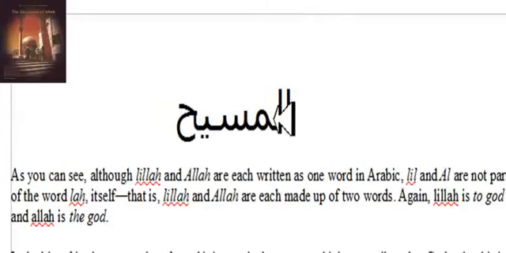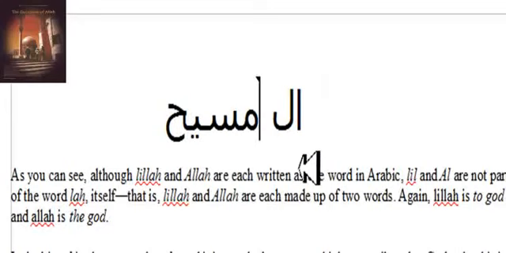If you notice, Masih is really the name, but Al, this part, is not really part of the name. It's attached to it because there's only one Messiah. You see, Masih is unknown. Al-Masih is the known one.